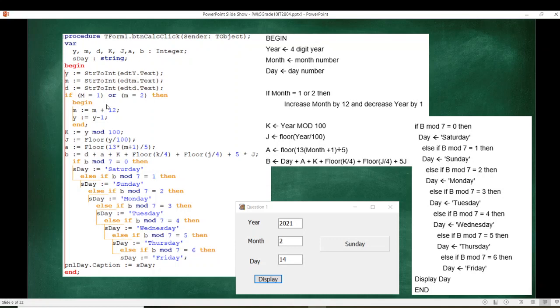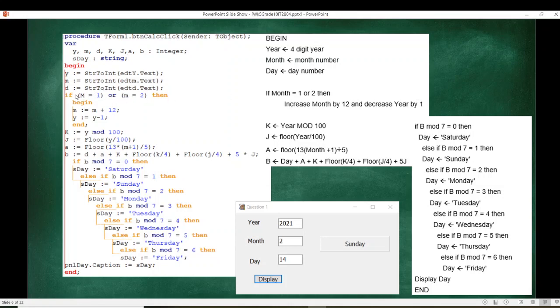So the first 3 lines are your plain straightforward input code to get from EDTY, in other words the year, EDTM being the month, and EDTD being the day, into Y, M, and D. Then this if statement here covers exactly what I'm about to explain to you in the rest of this lesson, which is an if statement with multiple conditions.